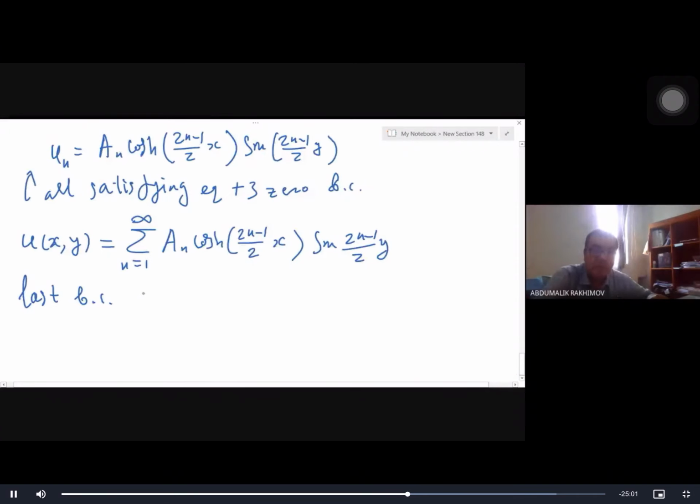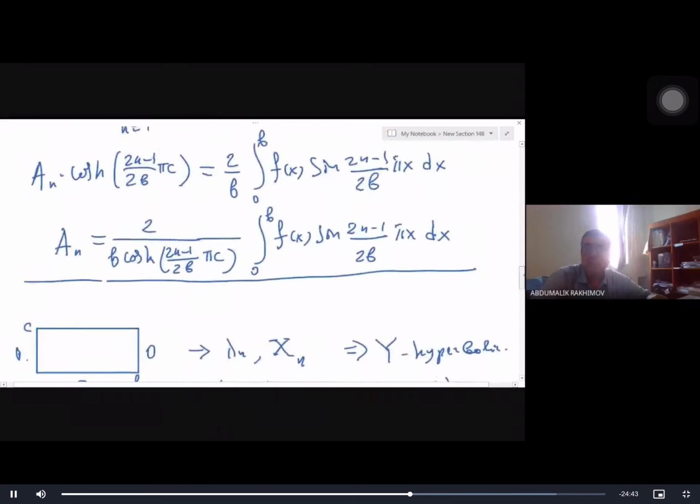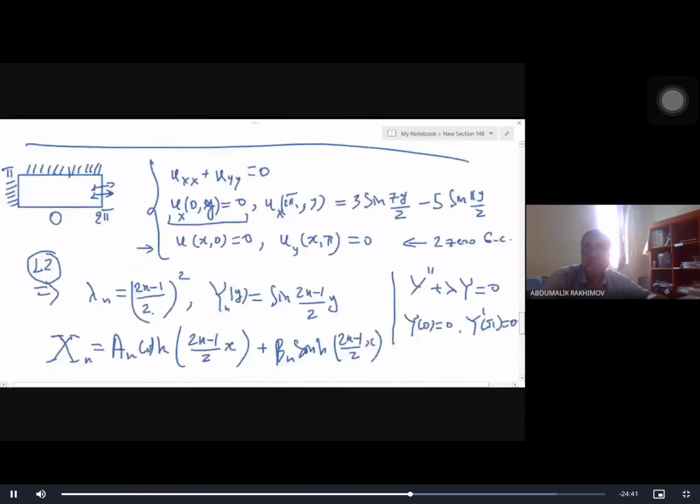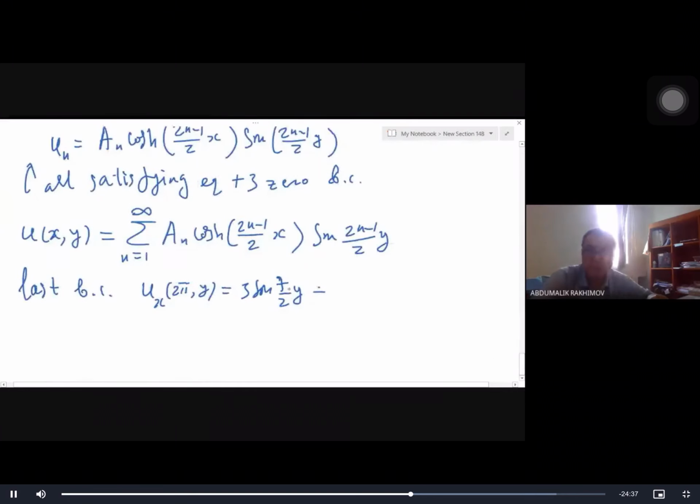The last boundary condition was like this: u_x(2 pi, y) is equal to 3 times sine (7 over 2 y) minus 5 sine (11 over 2 y), right?